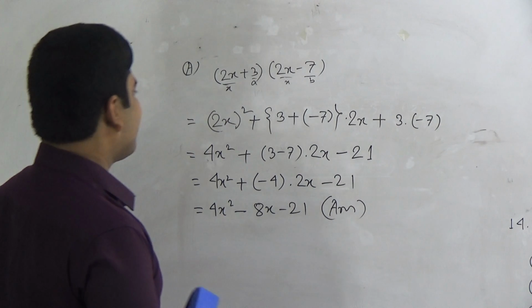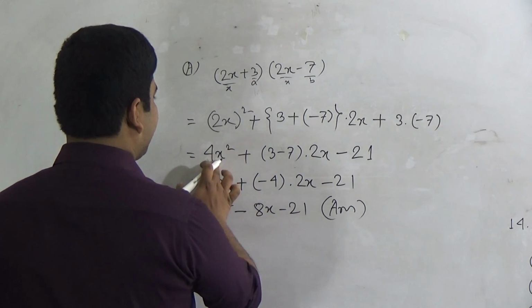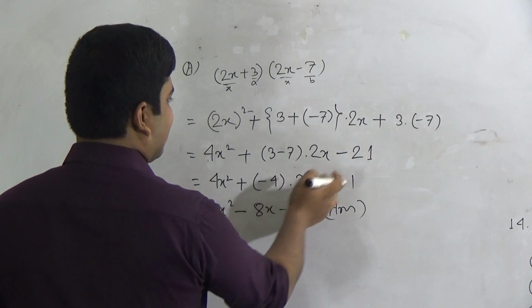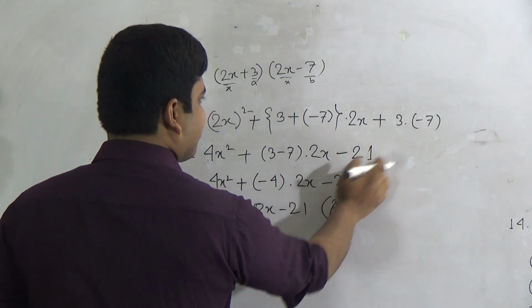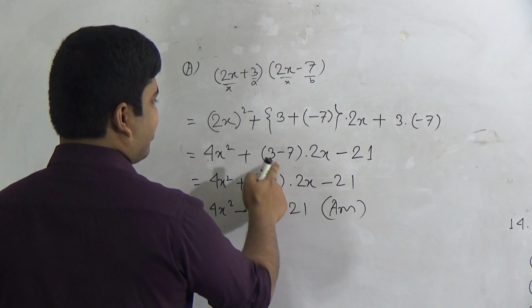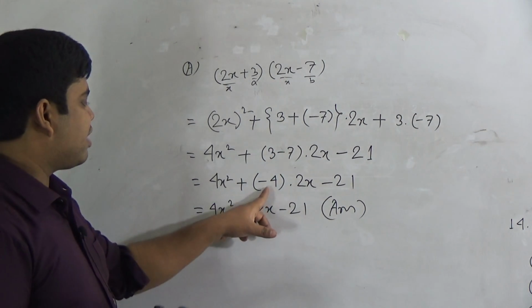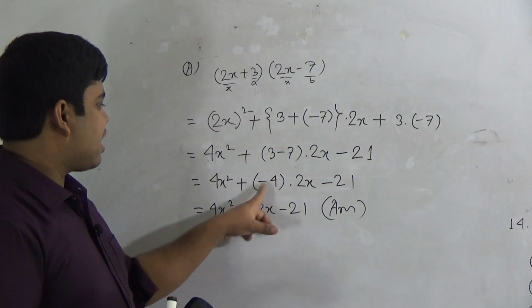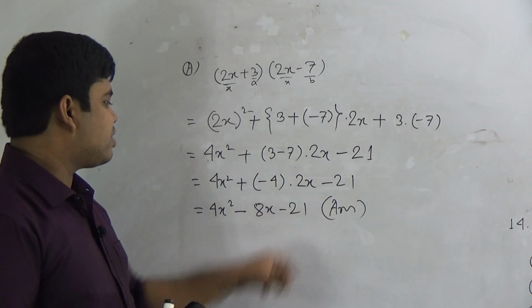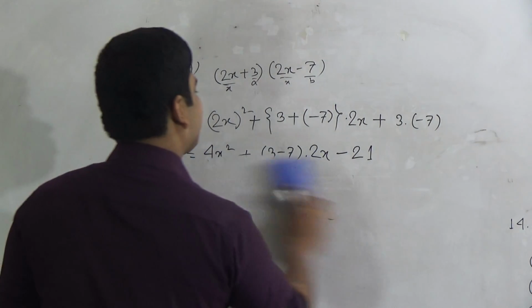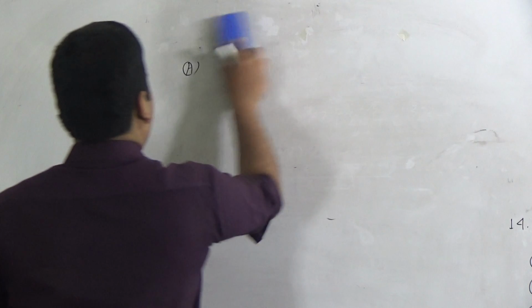Now we do the calculation. 4x square plus minus 7 into 2x, 7 threes are 21. Now we subtract 7 from 3 and we get minus 4, and 4 twos are 8x, and this minus 21 is written here. Okay, A is done. Next we shall solve question number B.